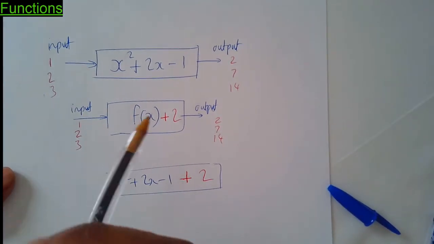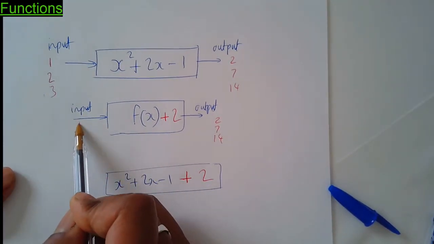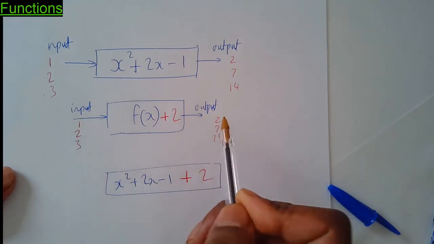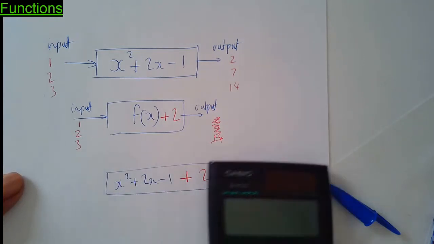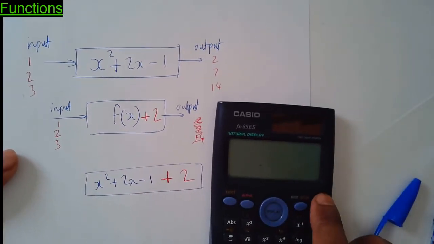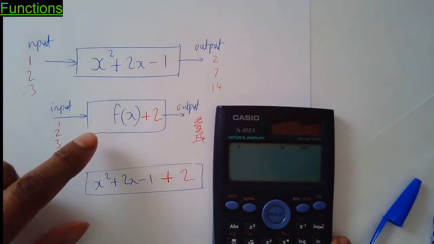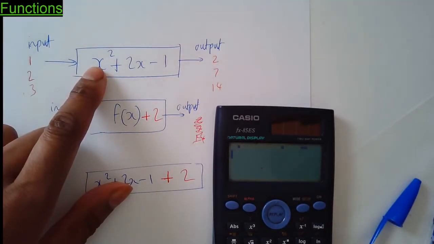So now I want to see what happens when the input is 1. When the input is 1, what the output will be, right? So these will change now. Replace x with 1.